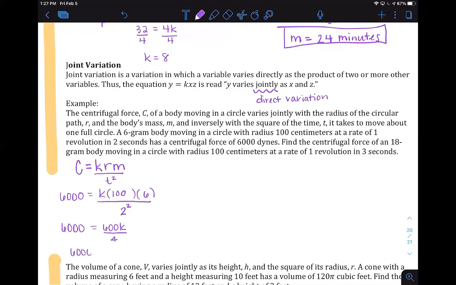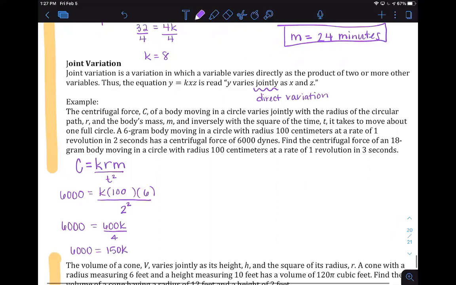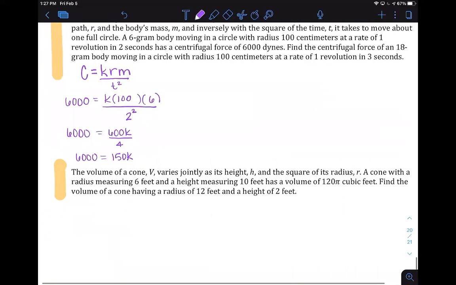So 6,000 equals 150k. And then divide. So what is k? 40. So our new formula, C equals 40 times r times m divided by t squared.